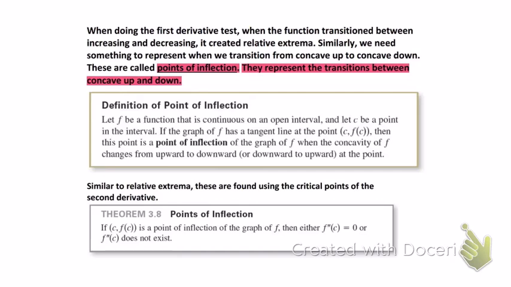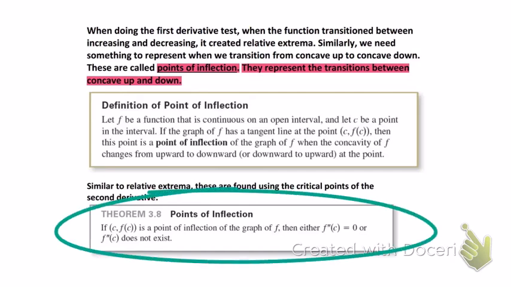If we've got C, some point on the graph, and we've got its y value, f of C, and C is a point of inflection, then look what's true. Either the second derivative equals 0 or the second derivative doesn't exist. So a point of inflection is where the second derivative is 0 or non-existent.